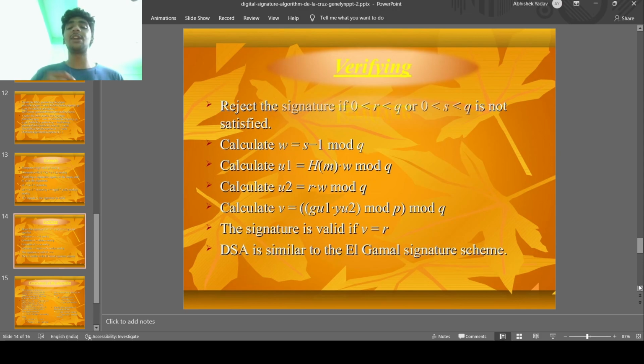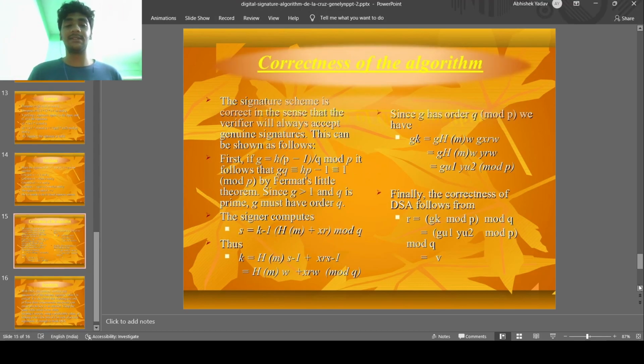Then we calculate u2, which is r into w, whole mod q. And then using u1 and u2, we calculate v. If v is equal to r, the digital signature is valid. So this is how we verify a digital signature, and DSA is very similar to the ElGamal signature scheme.